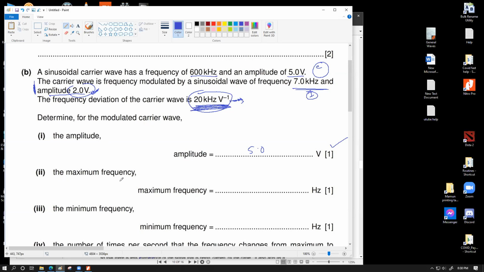You don't have to write this working because there's no space, they don't expect you to do any working over here. So maximum frequency is going to be 600 plus 40, and minimum is going to be 600 minus 40 kilohertz. So this is going to be 640 kilohertz, and over here we're going to have 560 kilohertz. See whether you understand these two calculations.